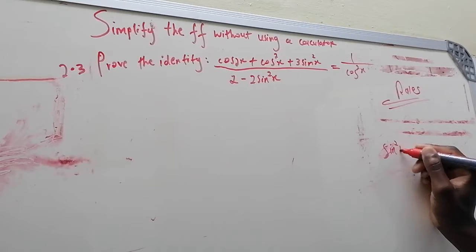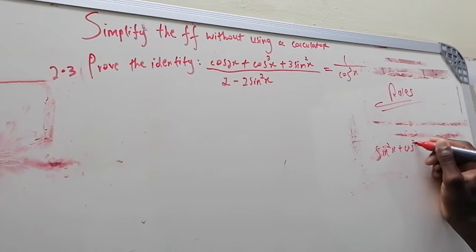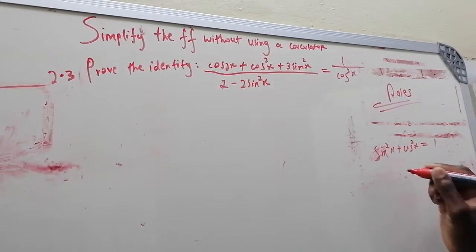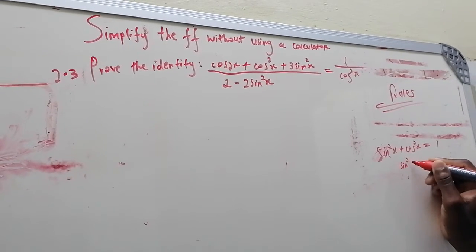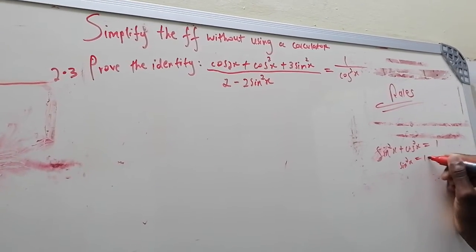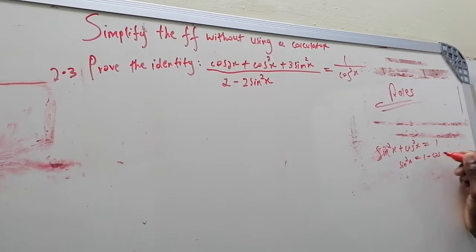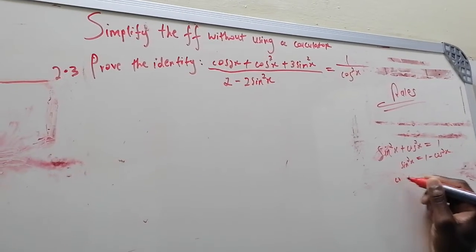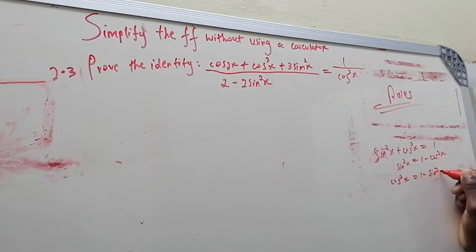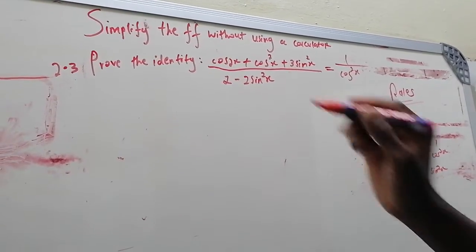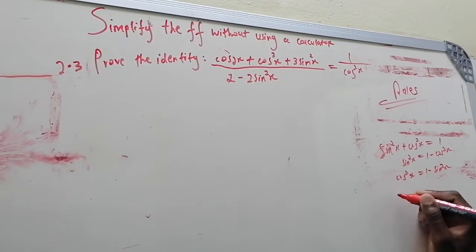Sine squared x plus cos squared x is always equal to 1, and we know that sine squared x will be equal to 1 minus cos squared x, and cos squared x will be 1 minus sine squared x. And here we have cos 2x.